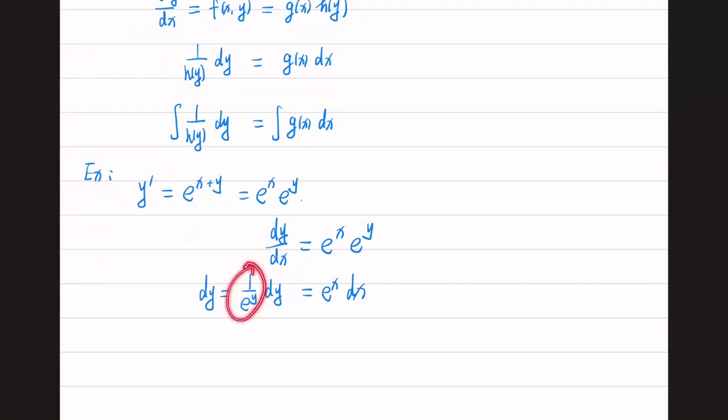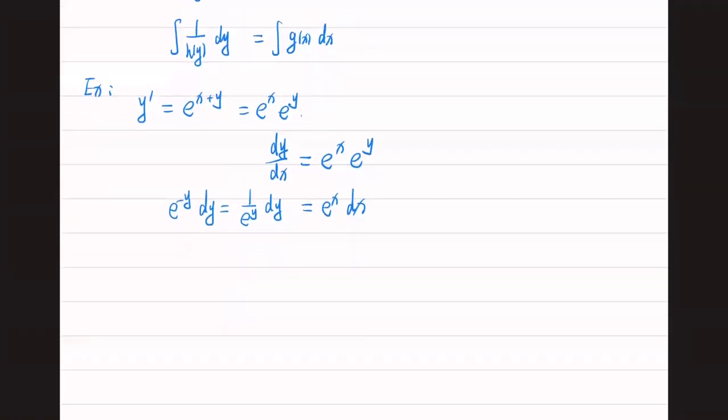Could you simplify this? This will be e to the negative y. Then we integrate. So e to the negative y dy, integrate. Okay, let me rewrite this part. This is easy, e to the x plus c.